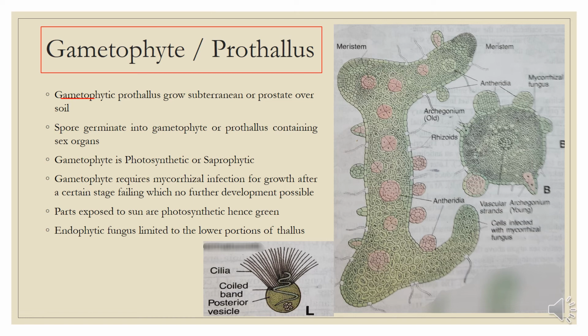But when it is a homosporous species, what will happen? In the case of a homosporous species, the gametophyte will contain both antheridia and archegonia. For example, in this picture, we see that the antheridia is also present, and at the same time archegonia is also present in the homosporous species.